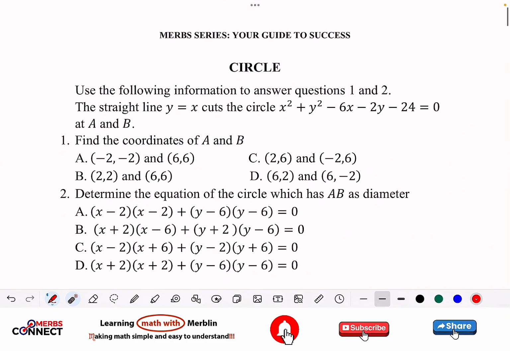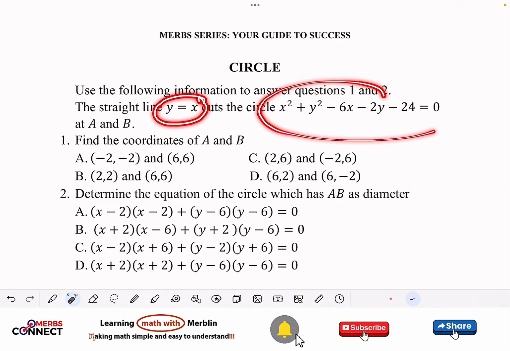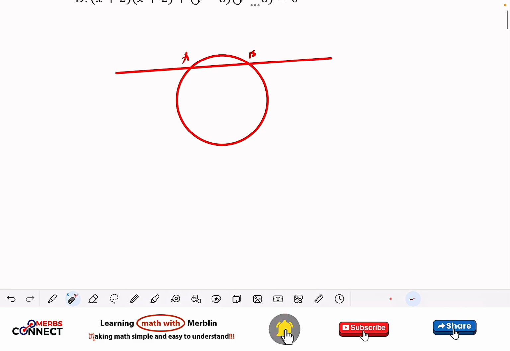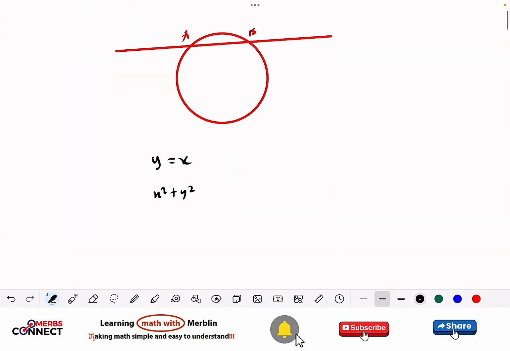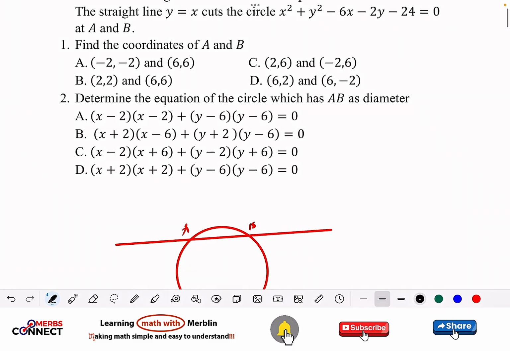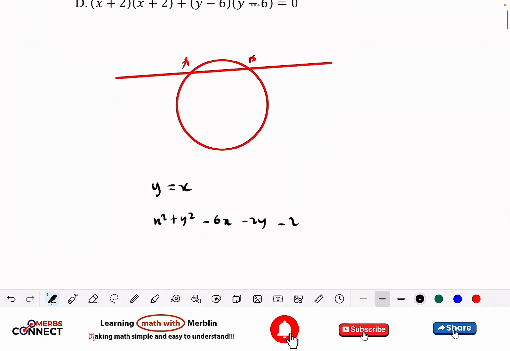Since y is equal to x, we are going to plug y is equal to x into the equation of the circle. So first, y is equal to x, and then x squared plus y squared minus 6x minus 2y minus 24 is equal to 0.